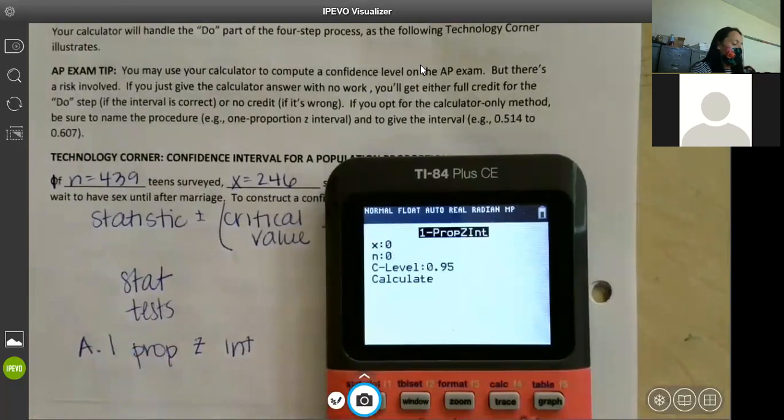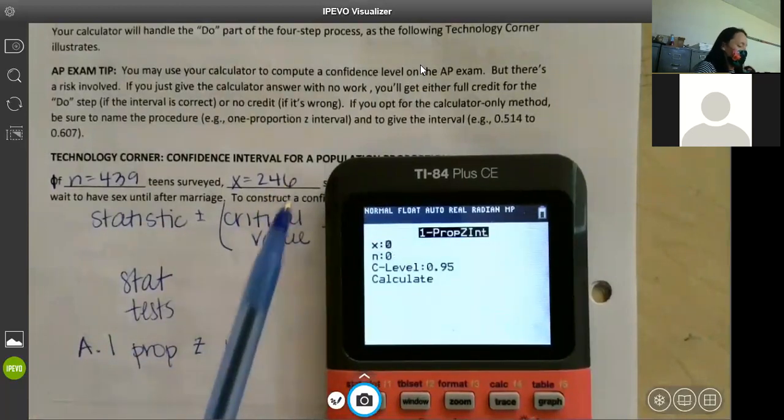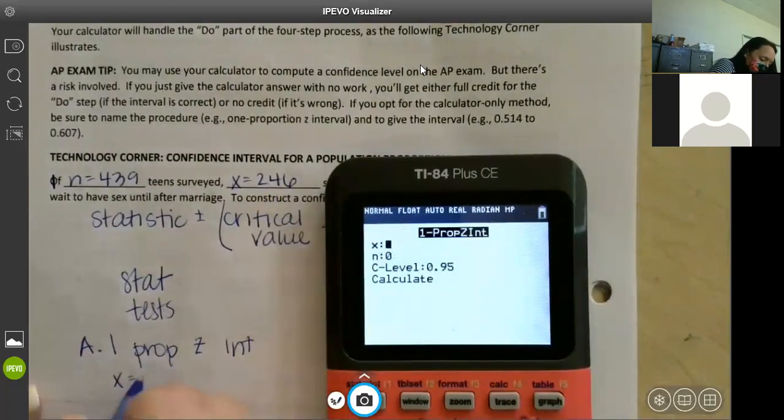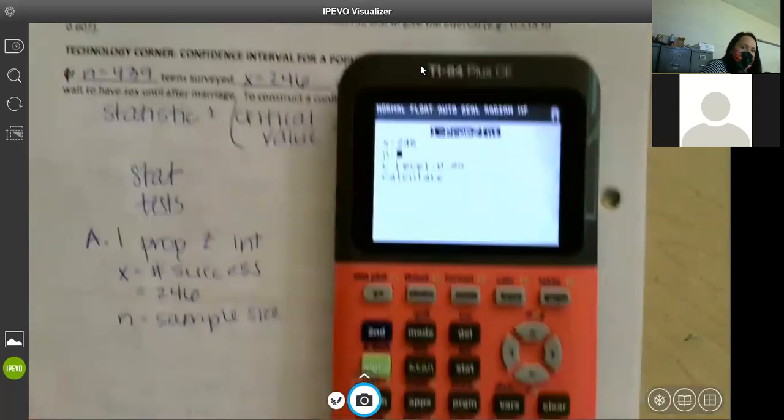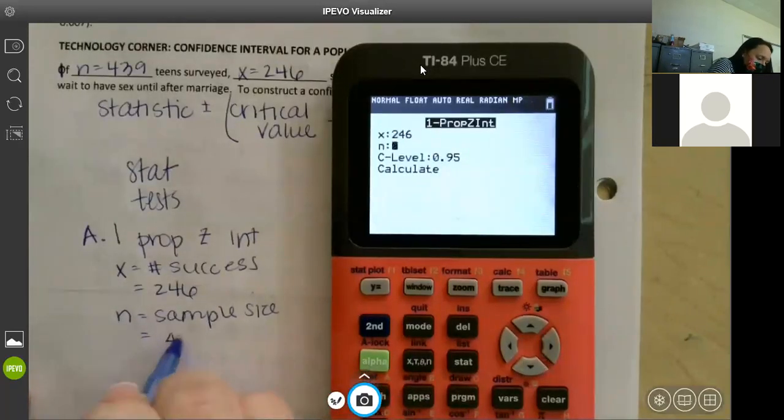It asks you for X. Remember, X is the number of successes. So our X was 246. And then we have our N, which is the sample size. And our sample size was 439.